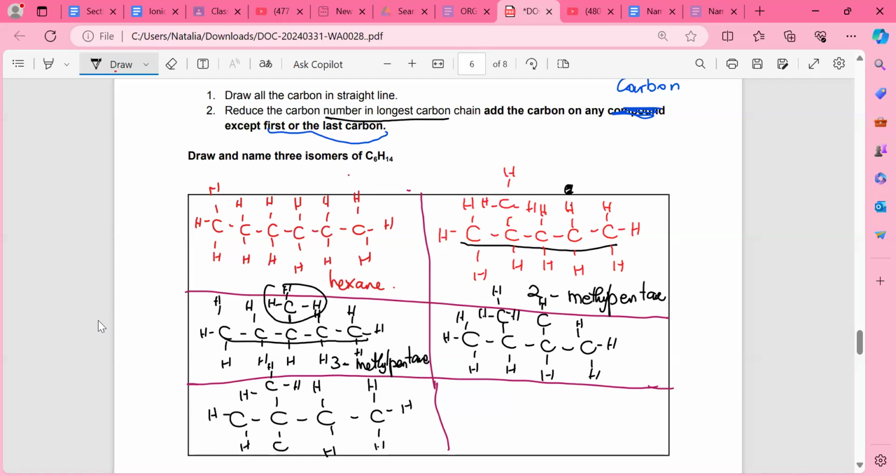All right, what's the name of this isomer? Try to name it first. Let's do the top one first. The longest carbon chain is 4 carbons, so it would be butane.